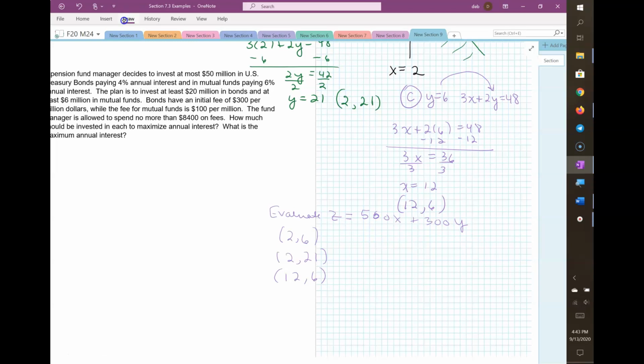Okay, so let's evaluate z at each of these points. At the first point, z equals 500 times 2 plus 300 times 6. So that looks like 2,800.